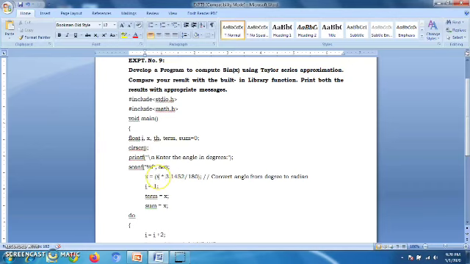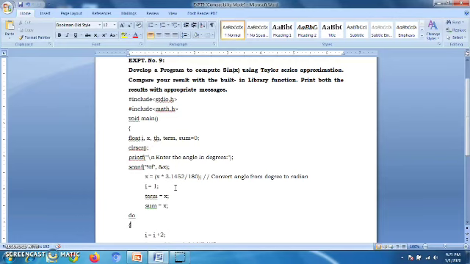If x is an angle in degree, to convert that into radian, the formula is x equal to x into pi divided by 180, where pi is 3.1452. As a result, before this the value of x is in degree, and after this the value of x will be in radian. Now we are free to use the Taylor series approximation to calculate the value of sin of x.